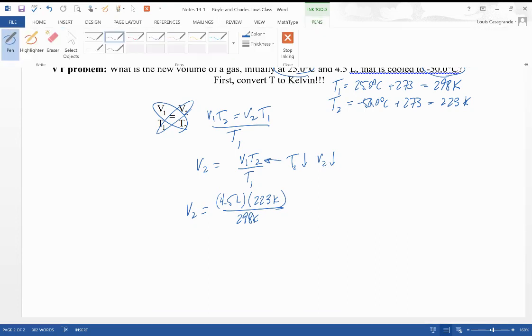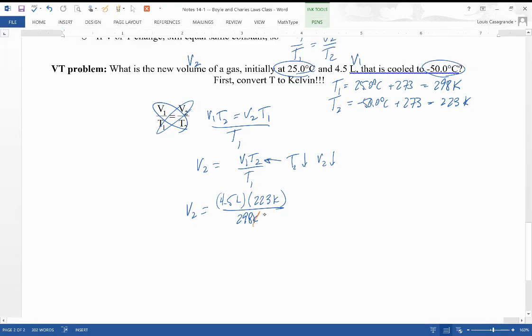Let's cancel out our Kelvin, and we see that we have liters left over. That's good. That's what we want. And the calculation tells us that V2 is 3.4 liters. Please do that calculation. And notice that the temperature went down and V2 did go down. And so we're all good to go.